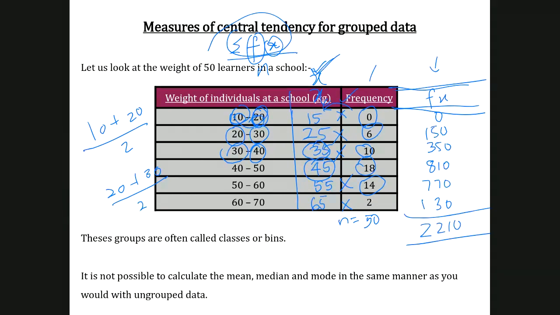Then it says take that total and divide it by n. So your mean is the total of 2,210 divided by 50, and you will see on the next slide that the answer is 44.2 kgs.